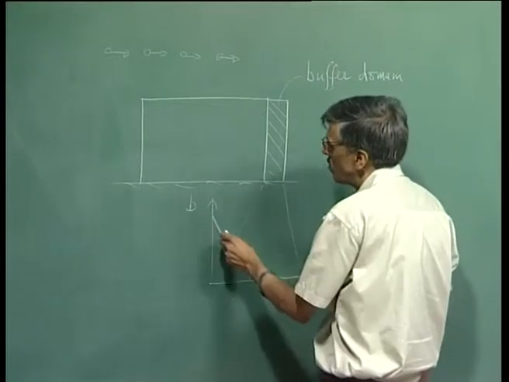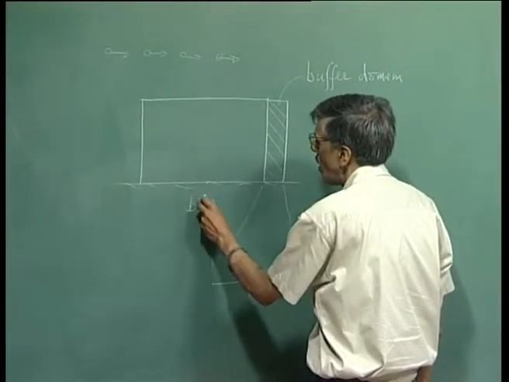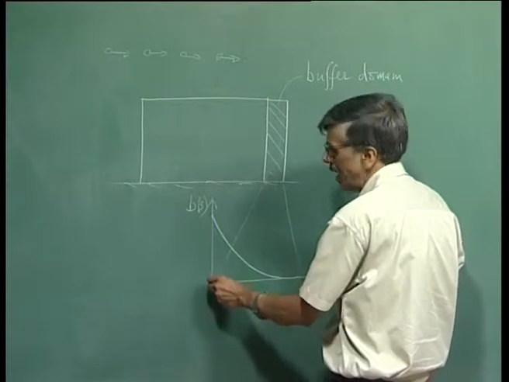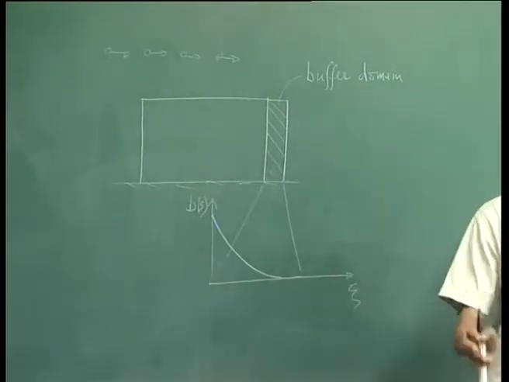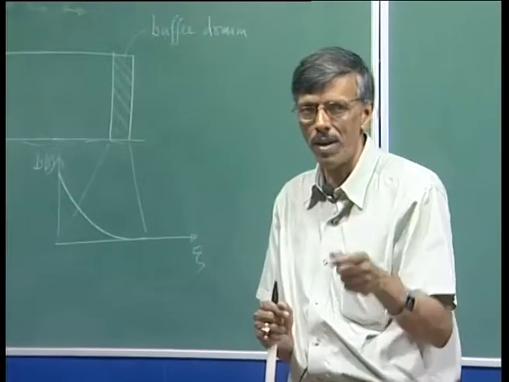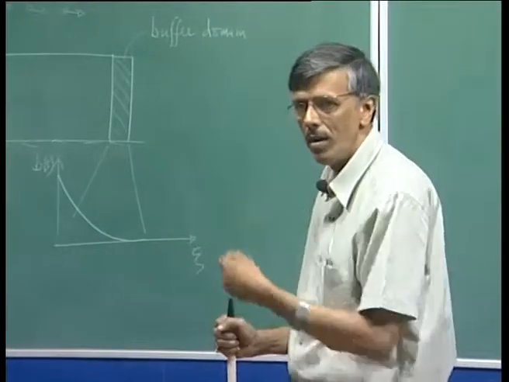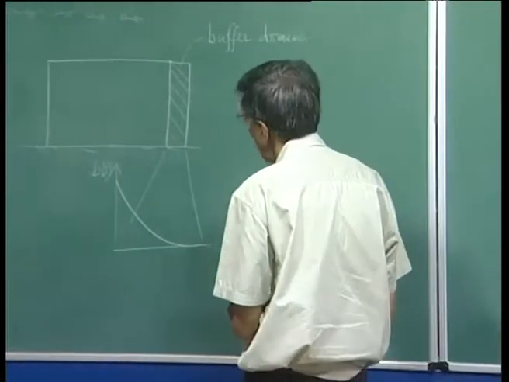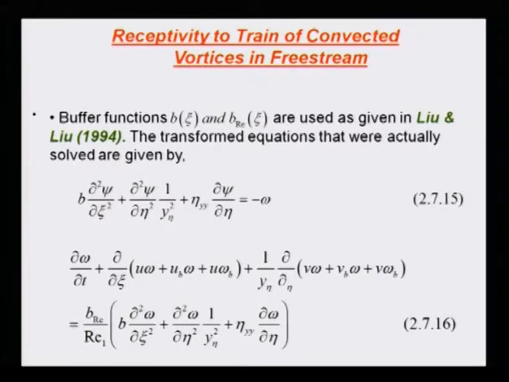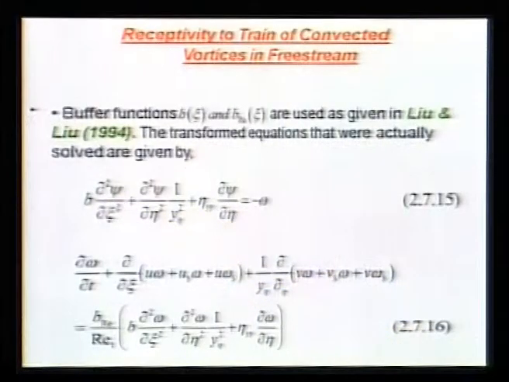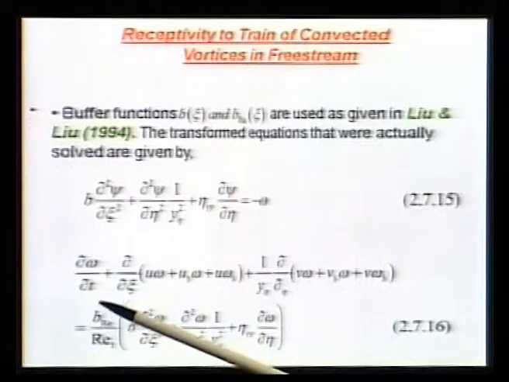So, this is your b of xi. At the end of the computational domain, b is equal to 1, so we are not tampering with anything. It is only in the buffer layer we are bringing the diffusion further down. So, that is the function b. In addition, you also notice that we have multiplied the vorticity diffusion term by another function called BRE.